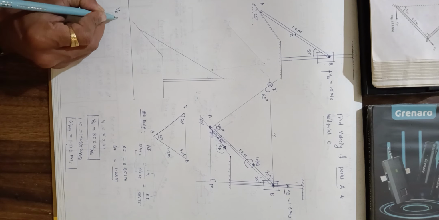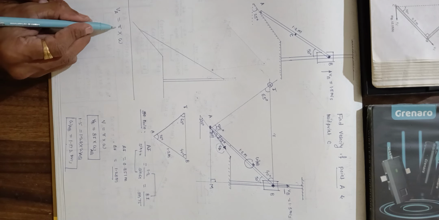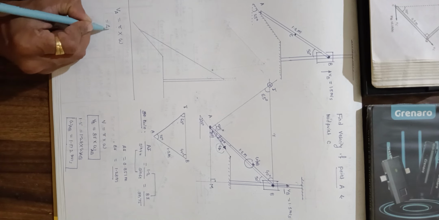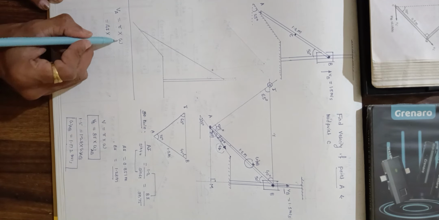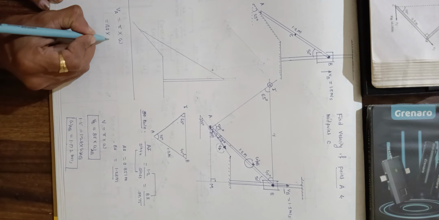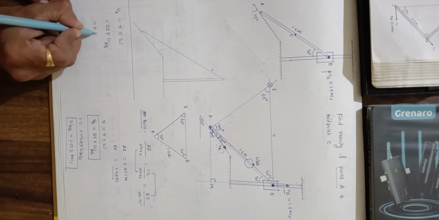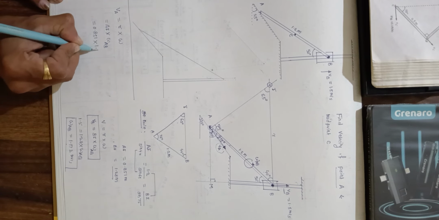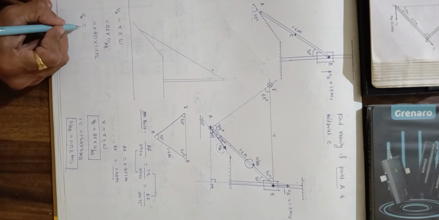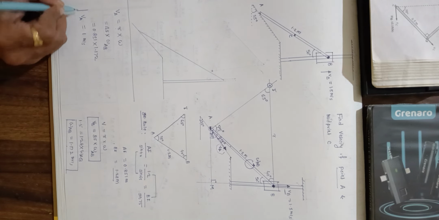So velocity of A is equal to R into omega. Here R means the radius from point I, so distance AI into omega. Point A is part of the same rod AB, so omega AB. Distance AI is 0.85, into 1.172. From this we get the value VA, which is equal to 1 meter per second.